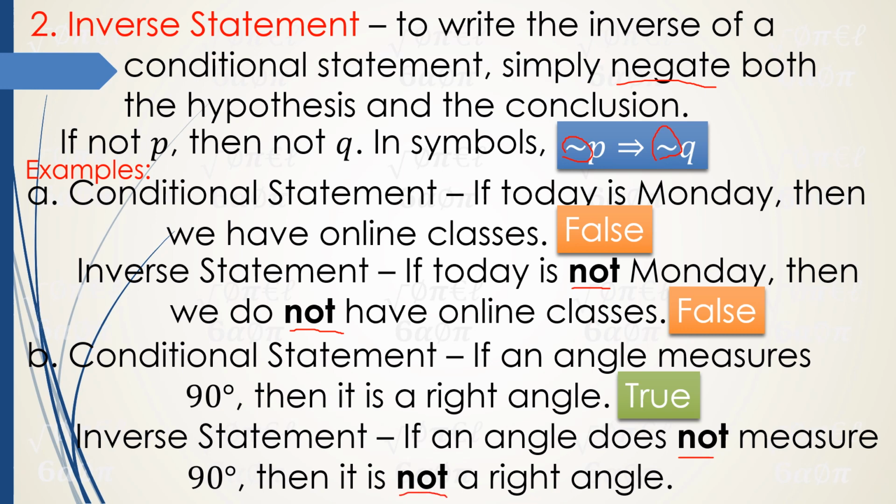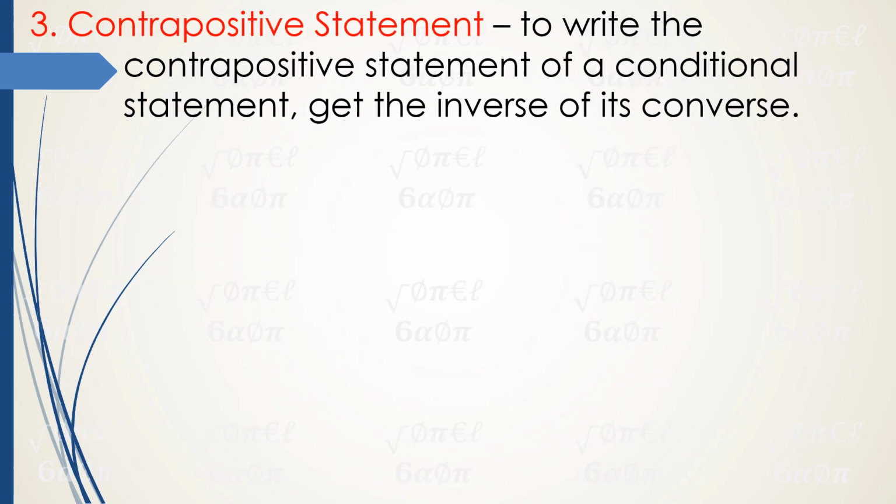So, kung yung angle daw hindi raw nagme-measure ng 90 degrees, hindi raw siya right angle. So, tama. Pag hindi naman 90, hindi talaga right. So, therefore, that is a true statement. Okay, so ang ginawa lang bali doon sa inverse ay nilagyan lang natin ng not pero hindi natin pinagbaliktad, no? Nilagyan lang natin ng not yung hypothesis and conclusion.